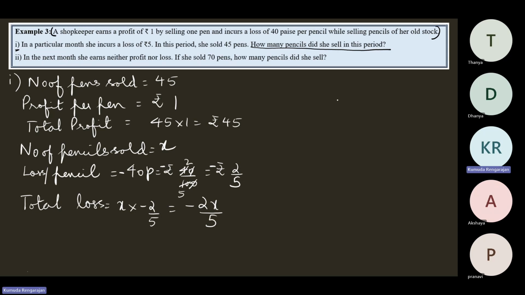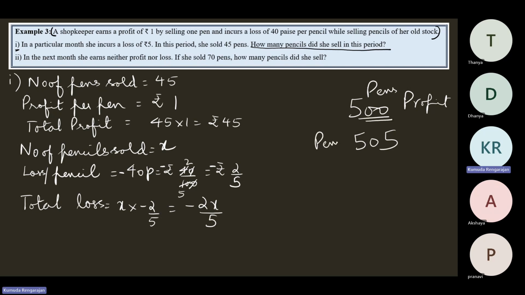Say, for example, the shopkeeper has sold pens for 500 rupees profit. And on selling the pencils, the loss is, say, 505. Some number of pens are sold, and 500 is the profit.